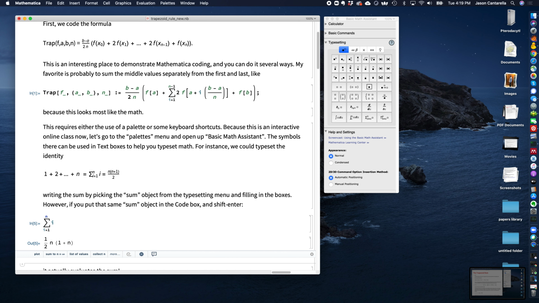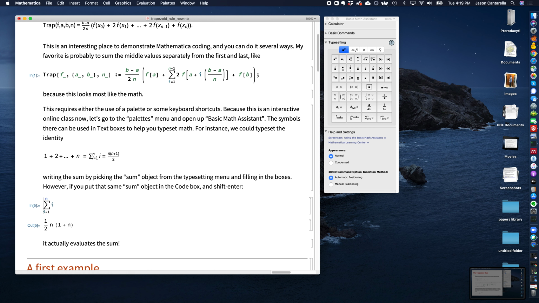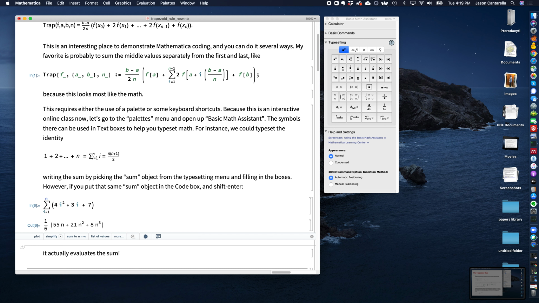Of course, for the sum of i you know this, but it's a handy trick if you want to do the sum of 4i squared. I get the exponent with Control 6. Now I can use Control space to get back down to the main line, plus 3i plus 7. And it's just as happy to do that, which is actually a significant savings of algebra.